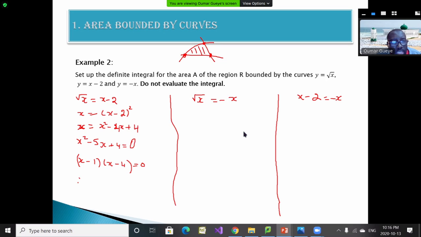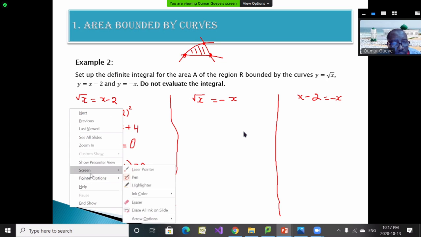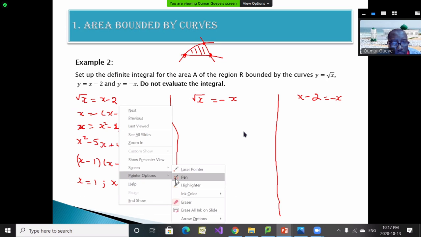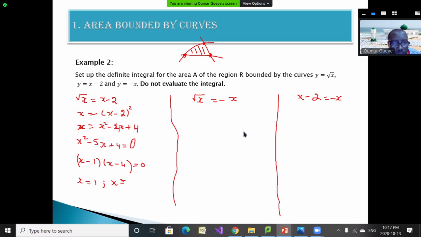And so this means x equal to 1 or x equal to 4.